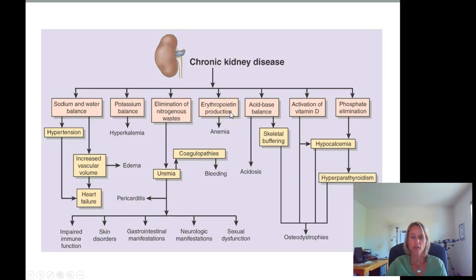Decreased erythropoietin and anemia, acid-base balance, we have problems with that, and that leads to acidosis. Activation of vitamin D is decreased, hypocalcemia. We don't eliminate phosphate, and that also causes hypocalcemia. This is going to cause hyperparathyroidism, and the parathyroid hormone is going to break down bones.